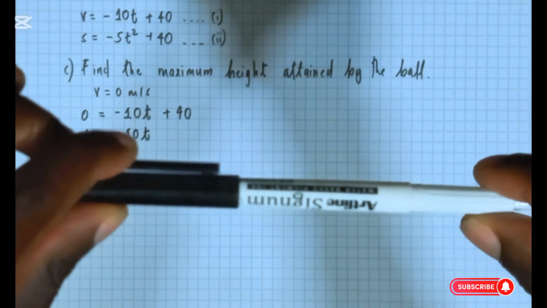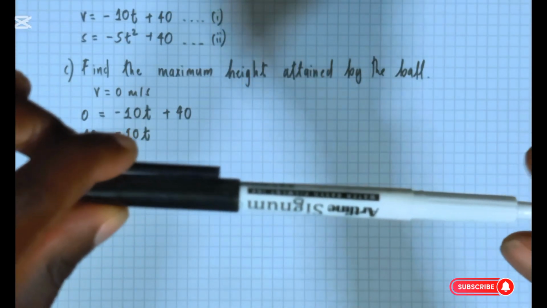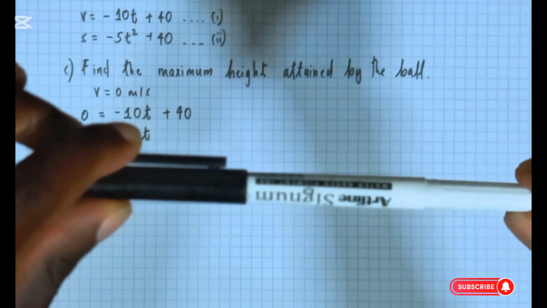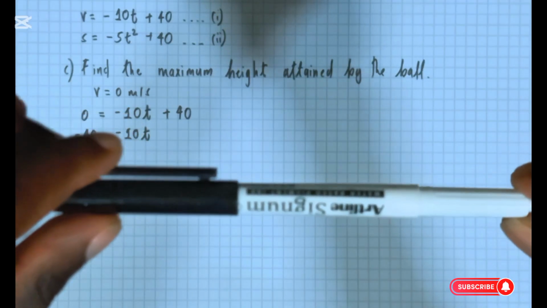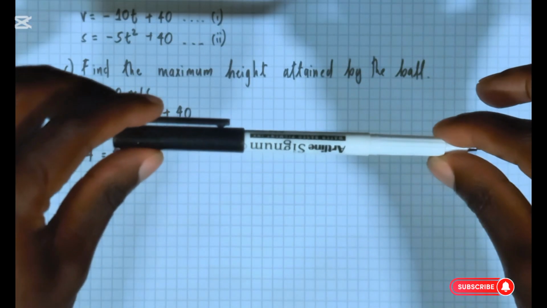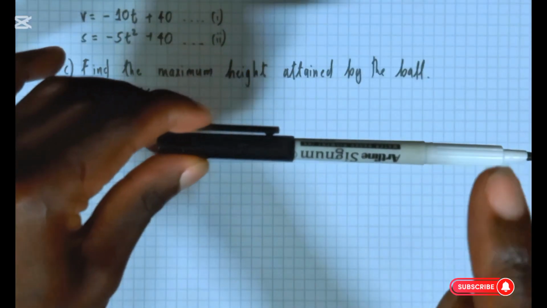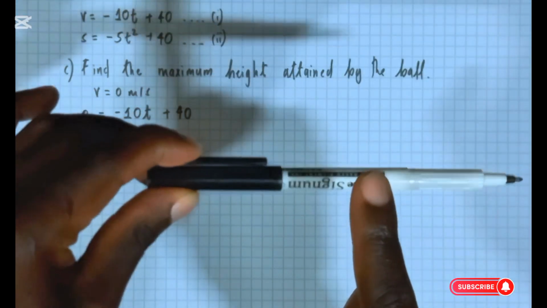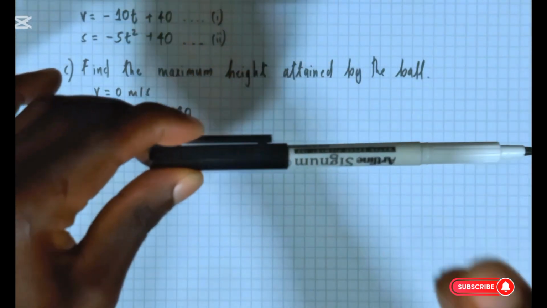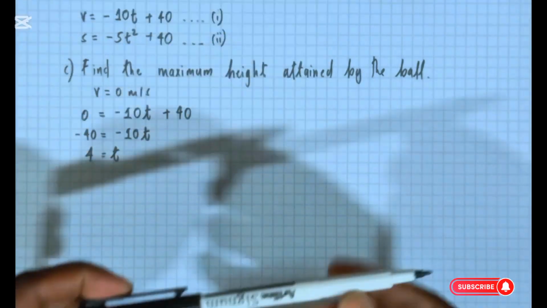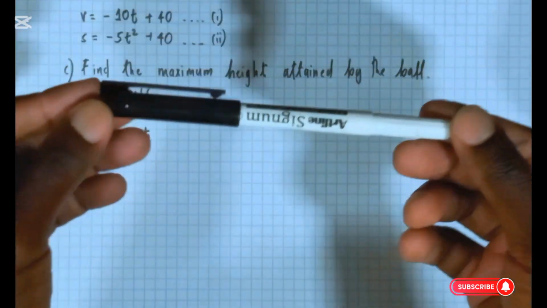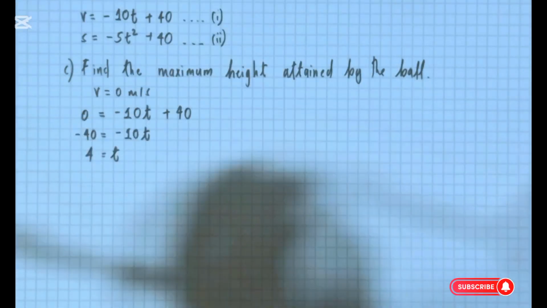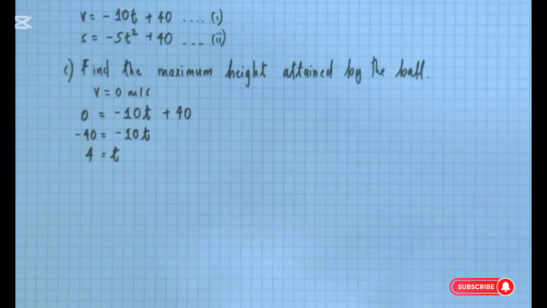You notice that in the previous question, at the 5th second, it started dropping, and the velocity went from 0 to a negative number, -10. So a positive to 0, then 0 to negative. The point when the ball reached the maximum height is the 4th second. I hope we are in agreement there.